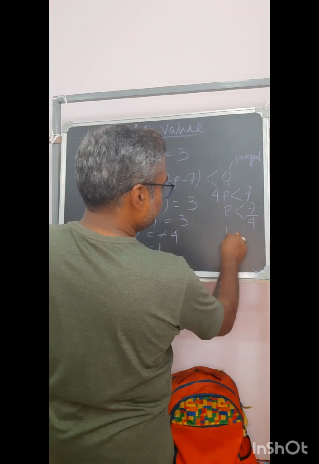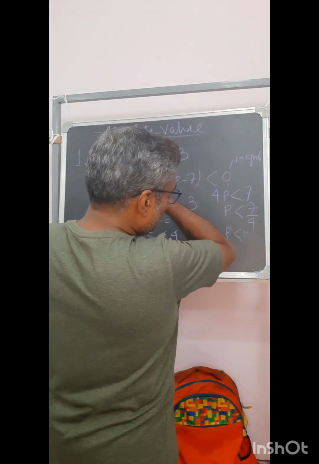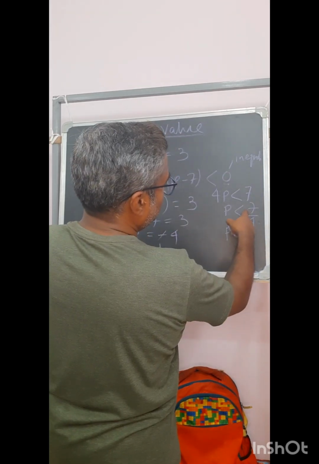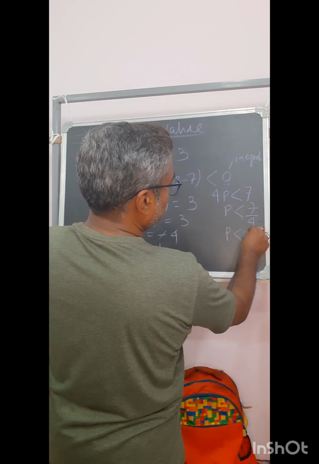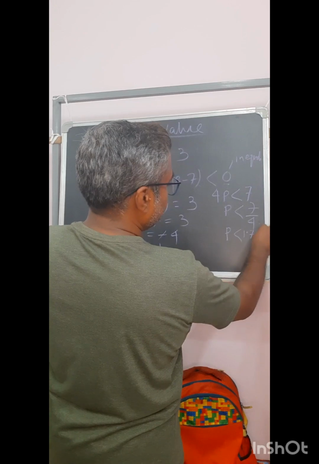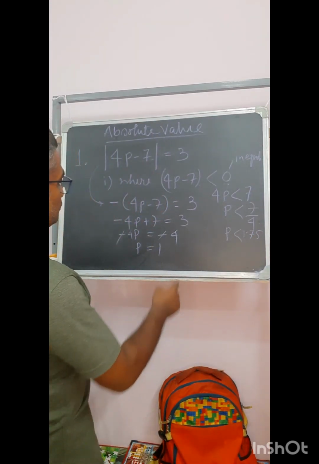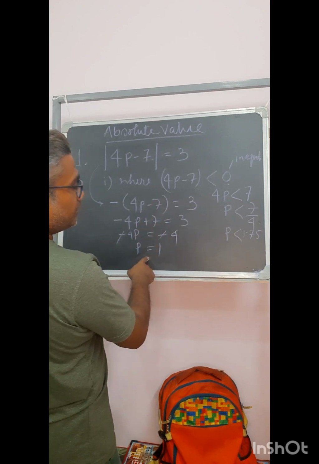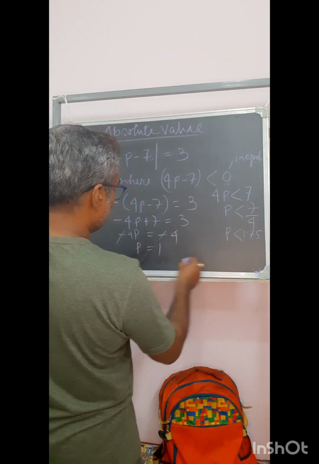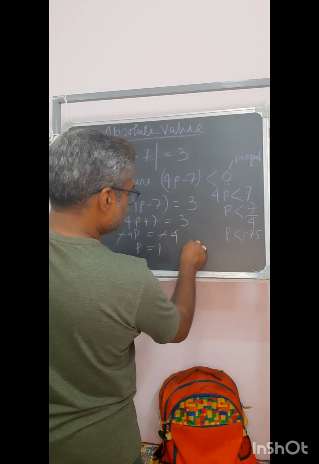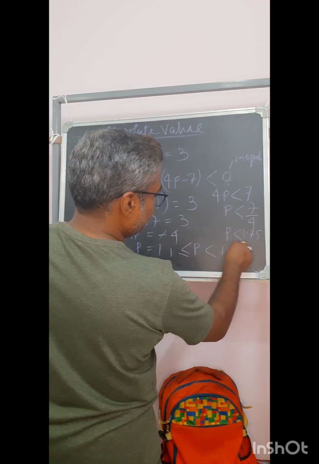7 by 4. That means it is 1.75, and p is equal to 1 here it is saying. So this is a definite value I'm getting, and this is ranging less than. So I can say p is equal to 1 and less than 1.75.